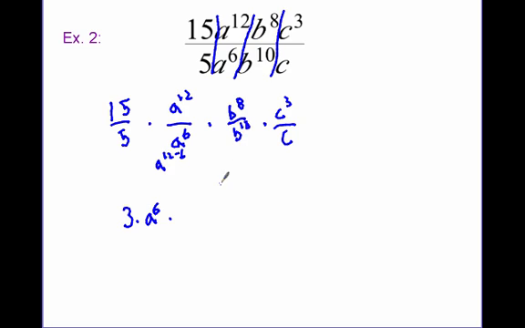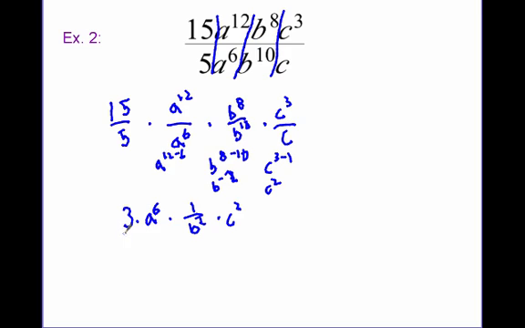B to the 8th over b to the 10th is b to the 8 minus 10, which is b to the negative 2. And I know I want to write b to the negative 2 as 1 over b squared, because I don't want to have negative exponents. C cubed divided by c is c to the 3 minus 1, which is just c squared.